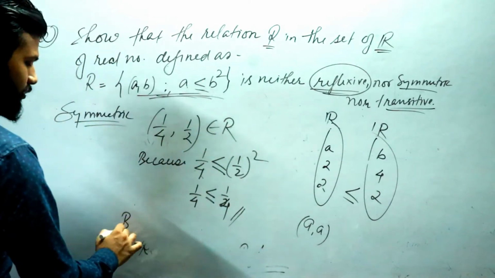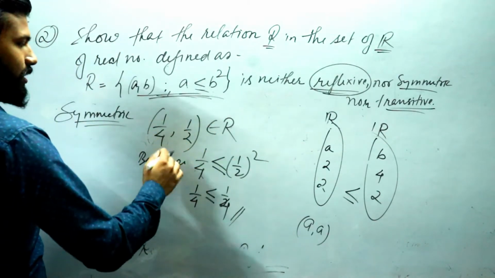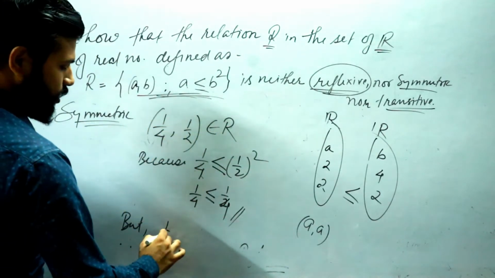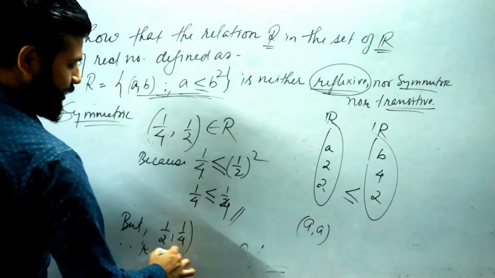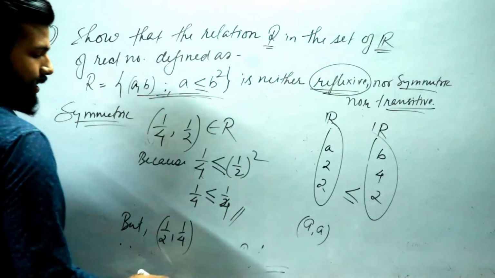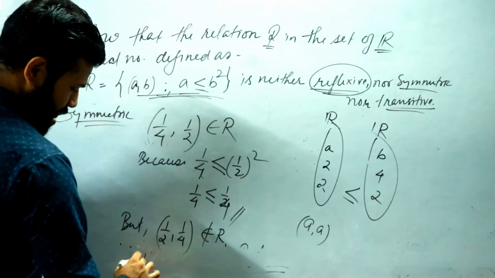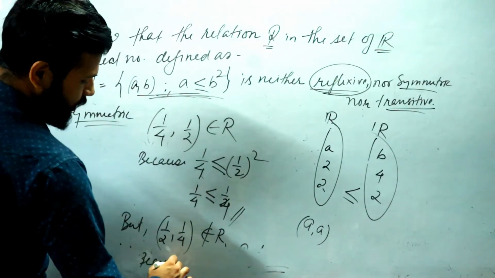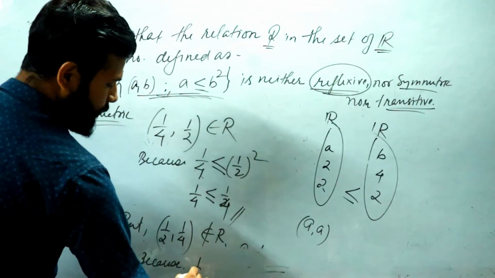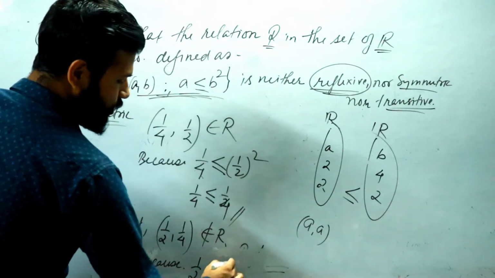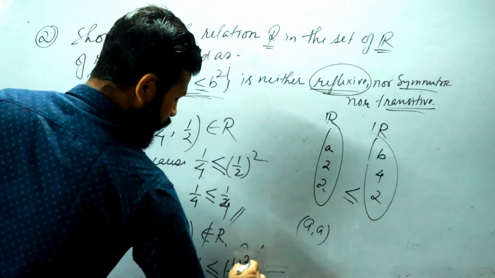But if you take the reverse now, B comma A, (1/2, 1/4), does it exist in the relation? Let's see. It does not exist in the relation. Why? Because 1/2 is not less than or equal to (1/4) squared.